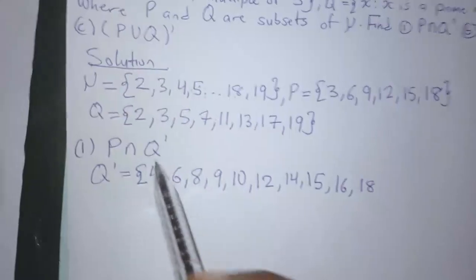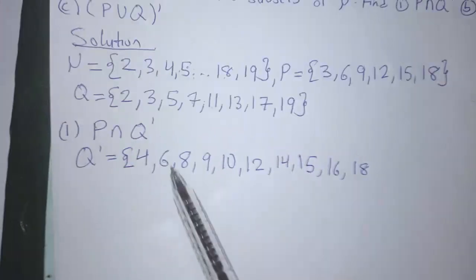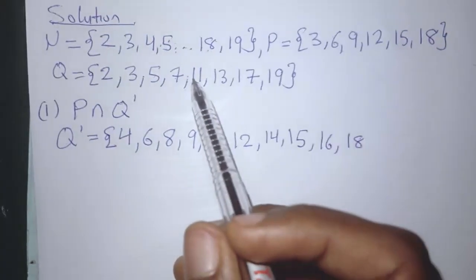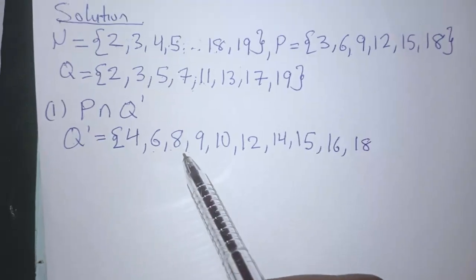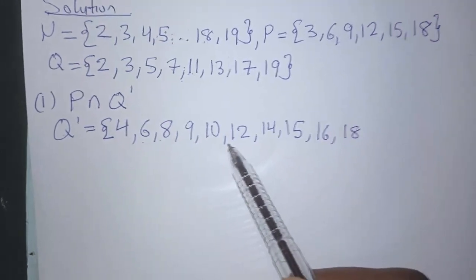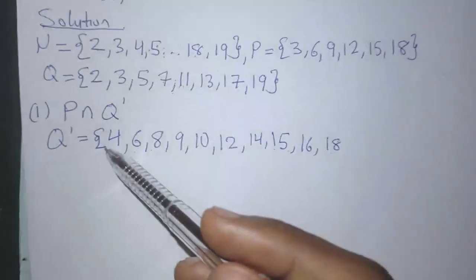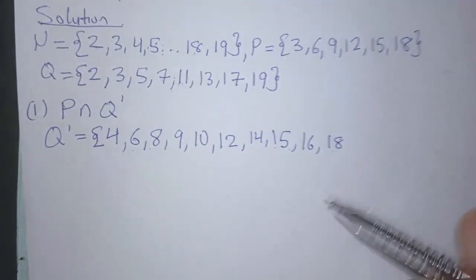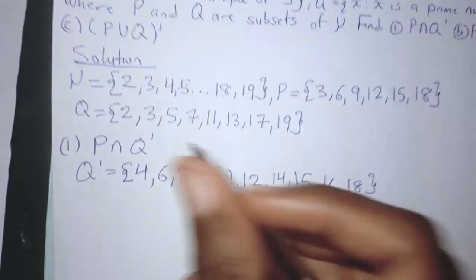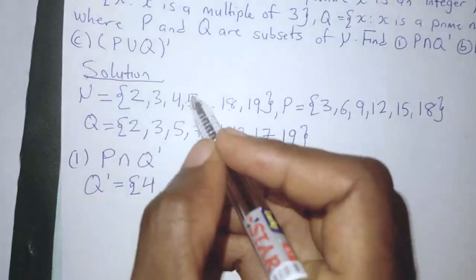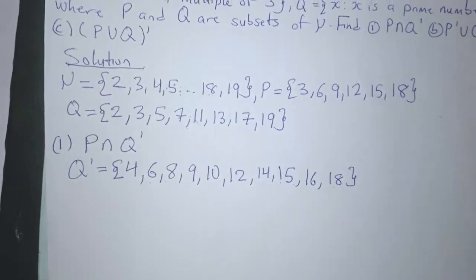So these are the elements that are in the universal set but not in Q. So we have 4, 6, 8, 9, 10, 12, 14, 15, 16, 18. These are the elements we call complement of Q. It is this element that will complement Q to make it equal to the universal set. That's what we call complement of a set.